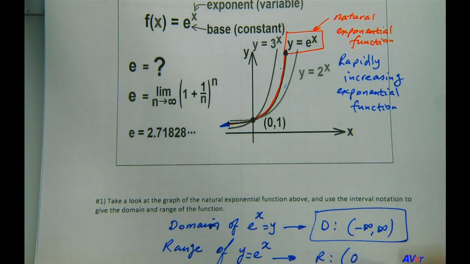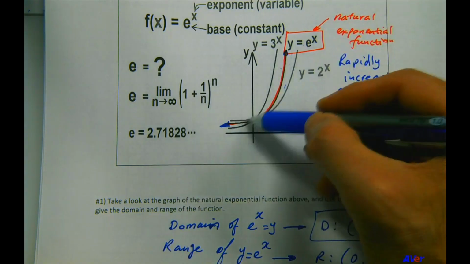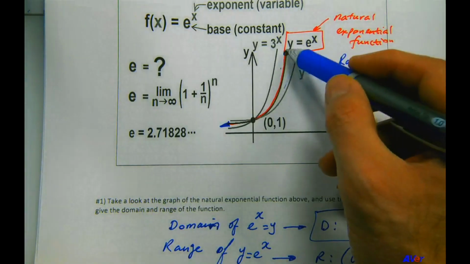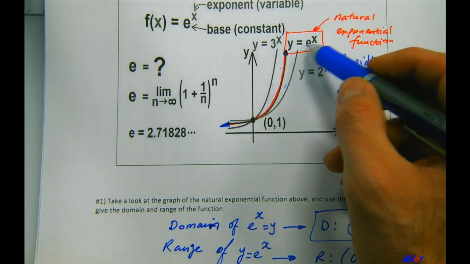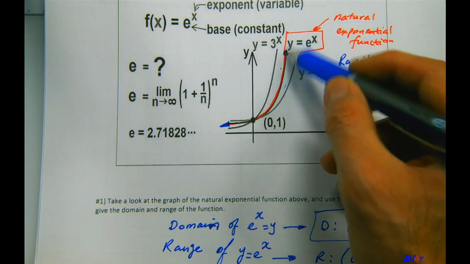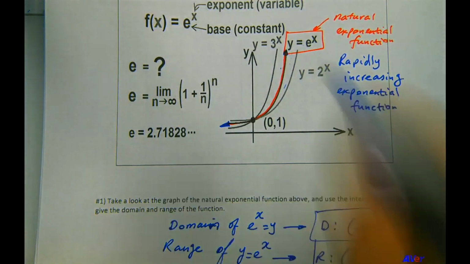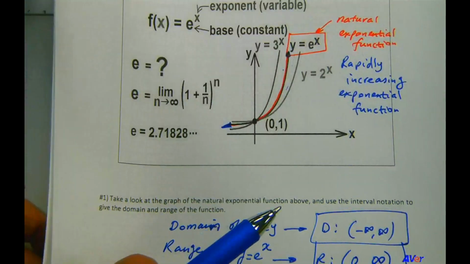So parenthesis 0, comma, on the high side, this function has no bound. It'll go higher and higher. It'll increase without bound. The larger the x, the higher the value of this function. So on that side, it approaches infinity. And again, parentheses. So that's the range of the natural exponential function.